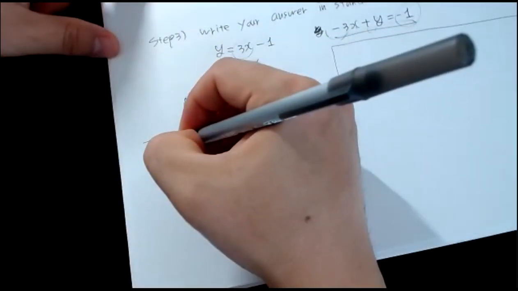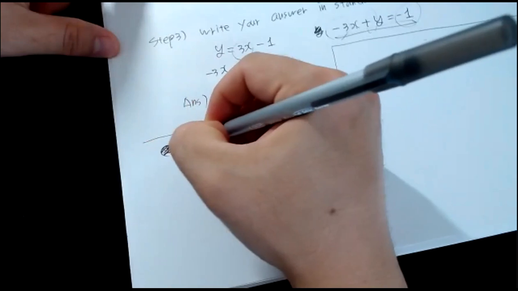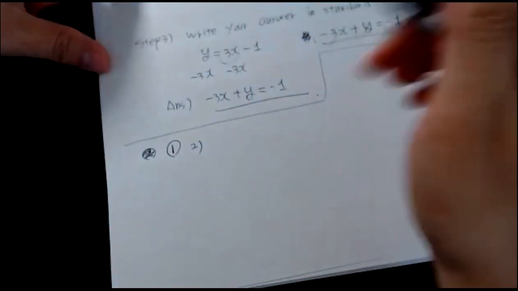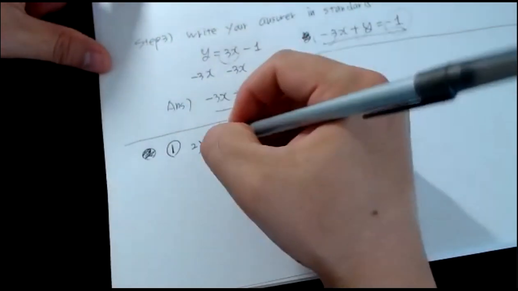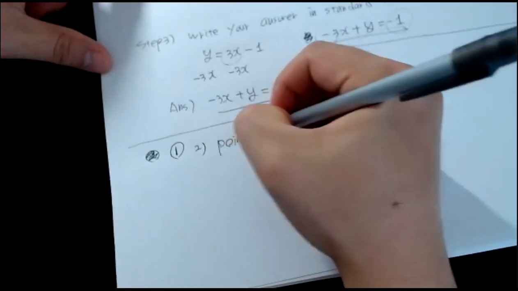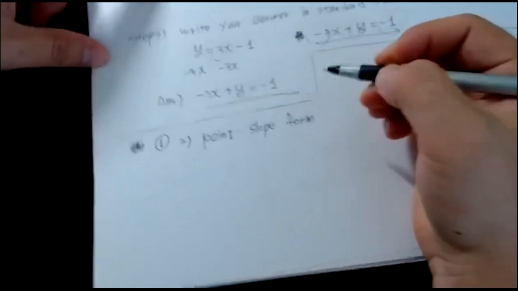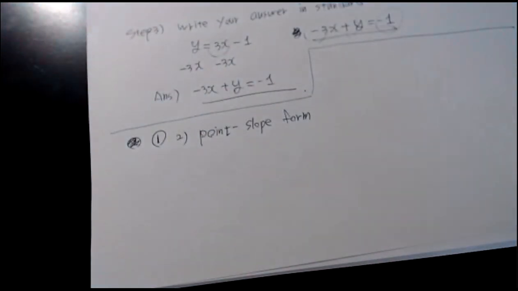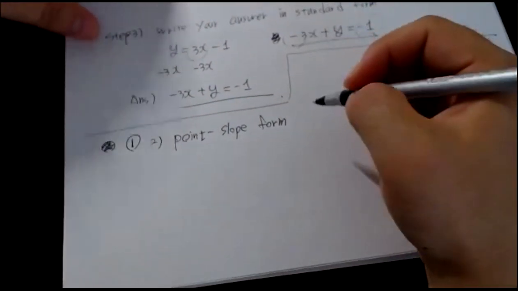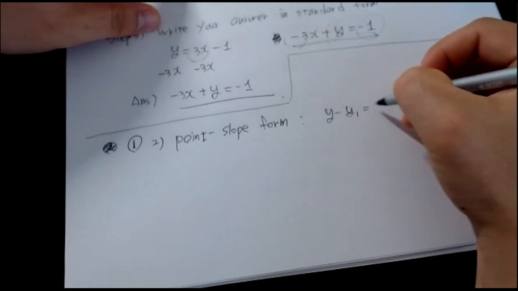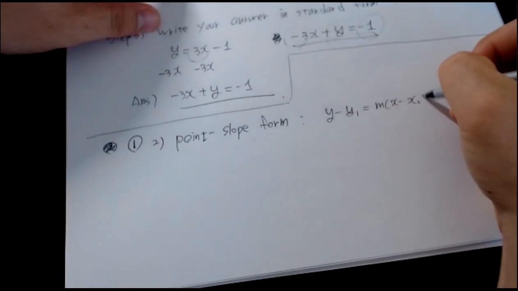So the first objective, then the second sub-objective is point-slope form. Okay. So now see, the form is this: y minus y1 is equal to m times x minus x1.